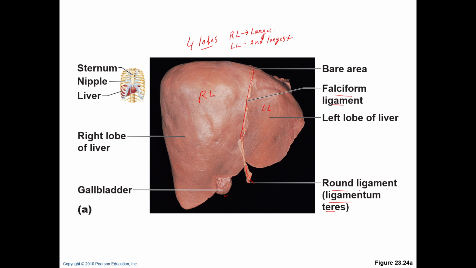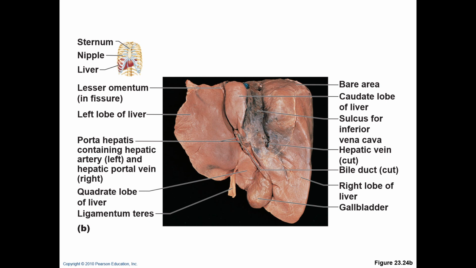Now if you look under the liver, this is the bottom of the liver, you can see two other lobes. These are smaller. This is called the caudate lobe, and your inferior vena cava, the large vein, is attached here. That's why you see a depression here, the sulcus for the inferior vena cava.